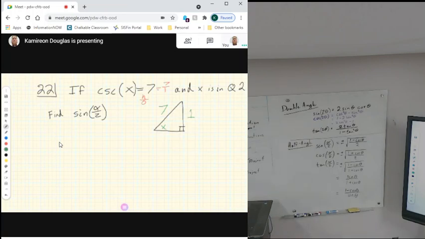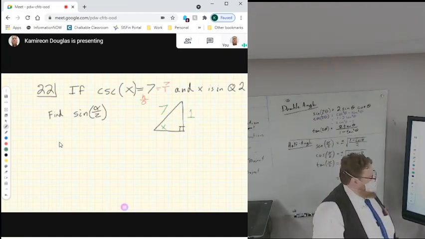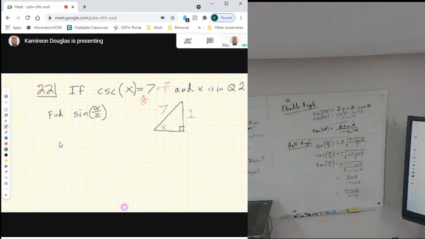All right. Step 2. Pythagorean's theorem. There we go. Pythagorean's theorem, please.